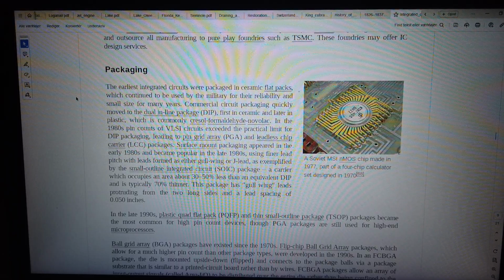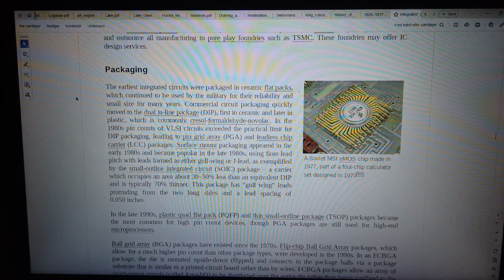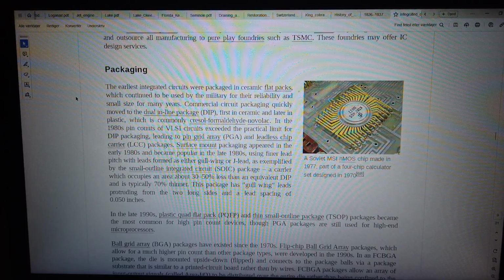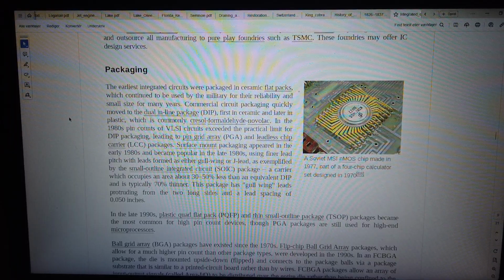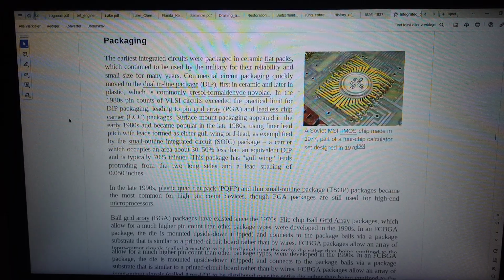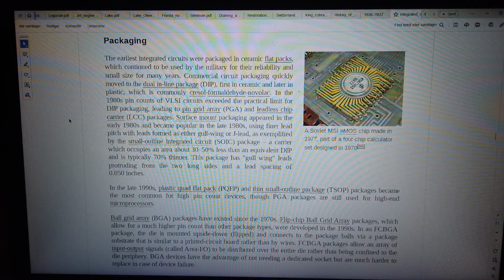Commercial circuit packaging quickly moved to the dual in-line package, DIP, first in ceramic and later in plastic, which is commonly cresol-formaldehyde novolac. In the 1980s, pin counts of VLSI circuits exceeded the practical limit for DIP packaging, leading to pin grid array, PGA, and leadless chip carrier, LCC, packages.